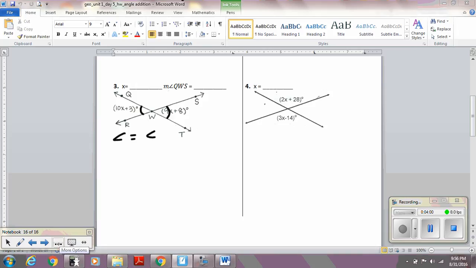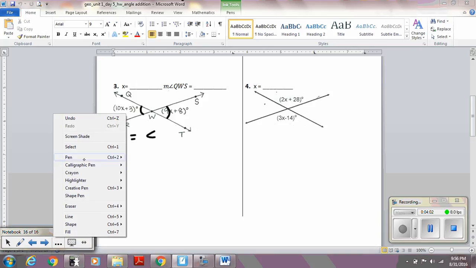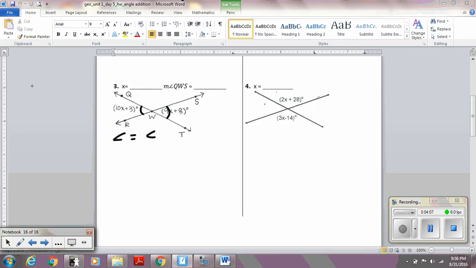So substitute the algebraic expression. You would have 10x plus 3 equals 9x plus 8. I would first subtract 9x from both sides, which would leave us with x here, plus 3 equals 8. Then I would subtract 3, so x is equal to 5. So x is 5.